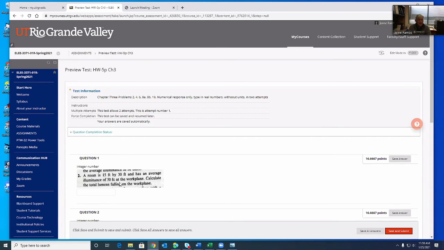We can get the area, right? The area is 15 times 30. So what is the illuminance? No, the lumens, total lumens. That's the flux. So that flux is going to be the multiplication of foot candles times area.